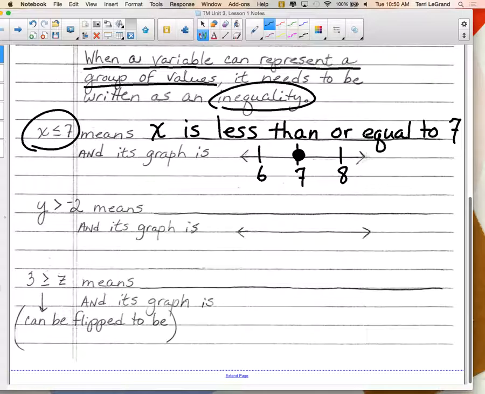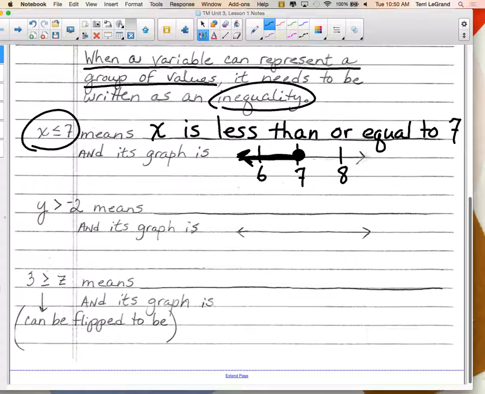And then we need to represent all of the numbers that are less than 7. So which direction should we shade the number line? To the left or to the right? Left. To the left, because as you head to the left of 7, the numbers get smaller.